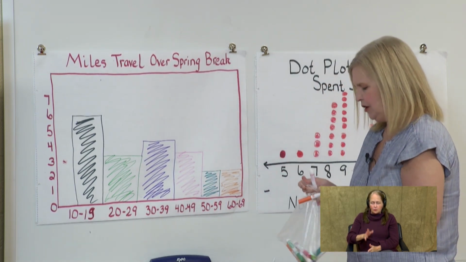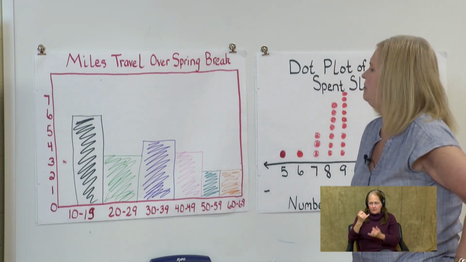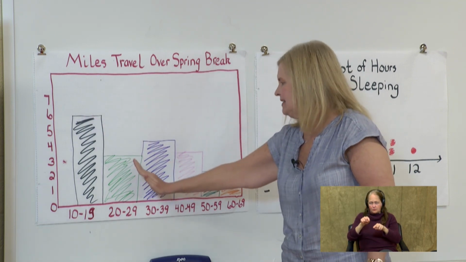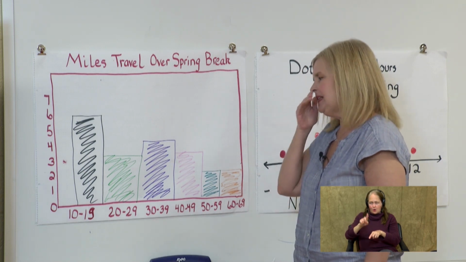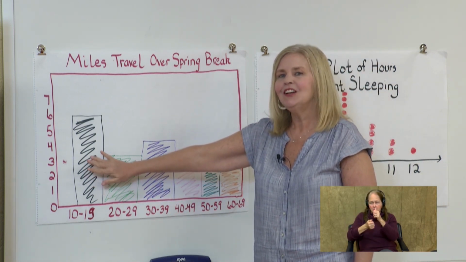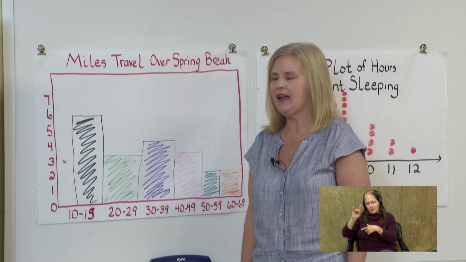So let's take a look at our histogram now. Our histogram goes up, back down, up a little, down, and it keeps going down. So we can say that most students traveled between 10 and 19 miles during spring break.